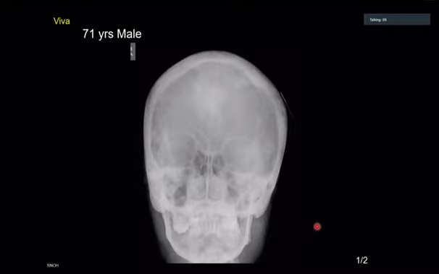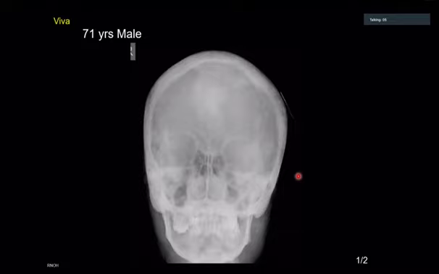Okay, that's the frontal view of the skull of a 71-year-old male, in which I can see pronounced thickening of the skull vault with thickened trabeculae. However, the inner table appears normal to me, and the inner table looks regular, and the rest appears sclerotic.